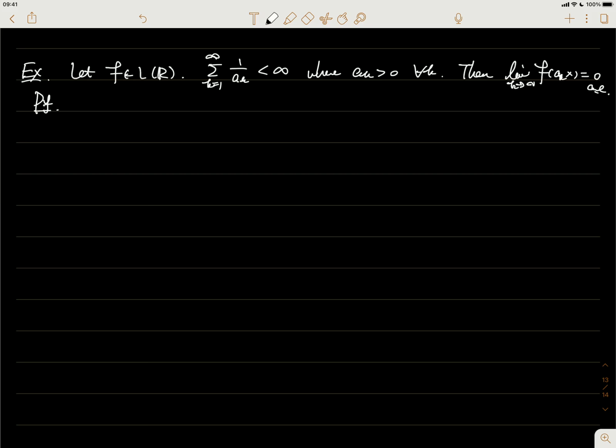Okay, so apparently we have been familiar with this. For such kind of f, we define f_k(x) to be f(a_k x). Okay, and now let's consider the series of the integrals of f_k.